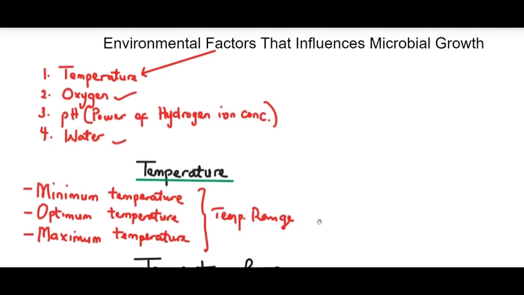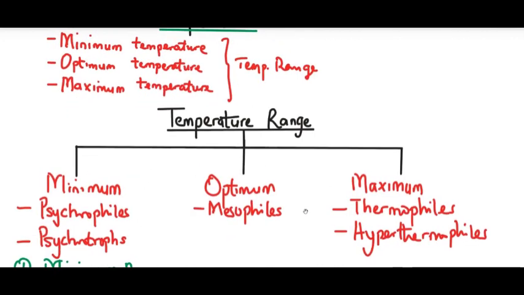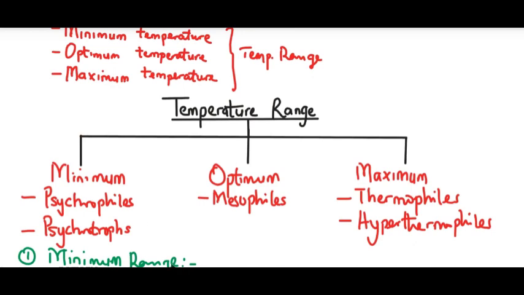So for temperature range, the classification is this. For minimum range, we have the cyclophiles, which operate below 20 degrees Celsius, right? The cyclotrophs are bacteria that operate around 20 degrees Celsius and above.